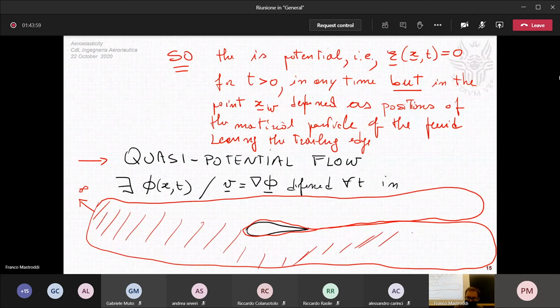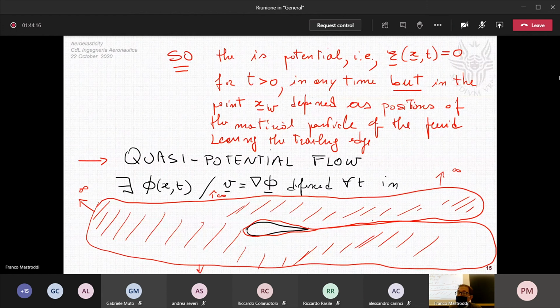This is the fluid domain of potential flow. This is going to infinity. But this part here is part of the boundary domain. And this surface here is the wake surface, S_W. W is for wake.